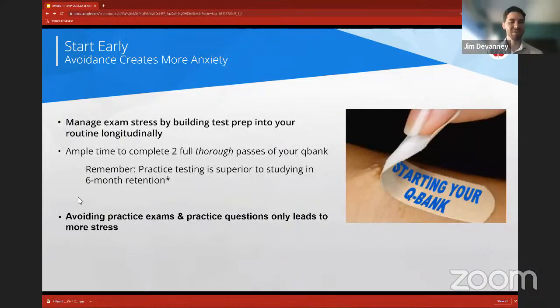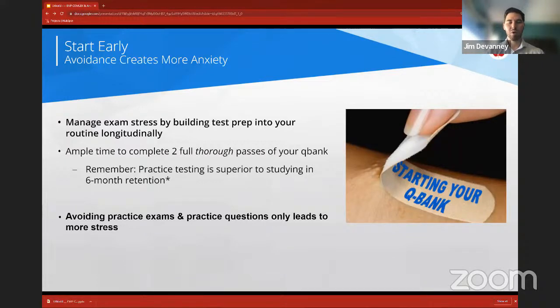Thank you, Caleb. So this last little section of mine goes further into strategies for how you approach your studying for boards. As we've been talking about throughout this talk, questions are extremely important, and determining when to start these questions is also extremely important.